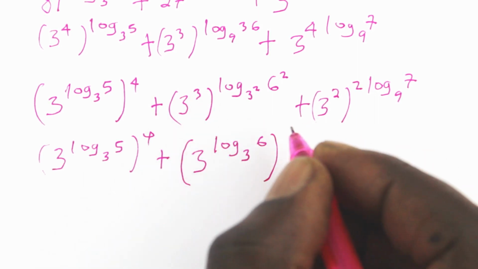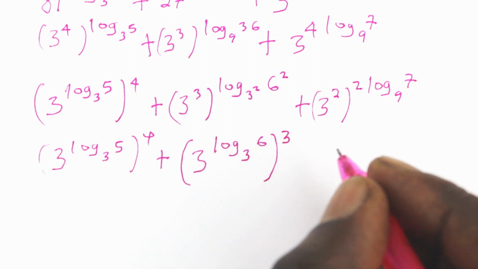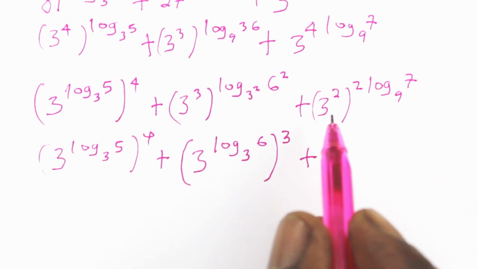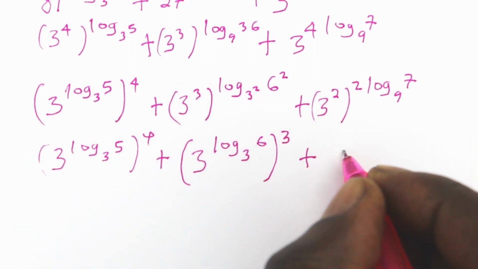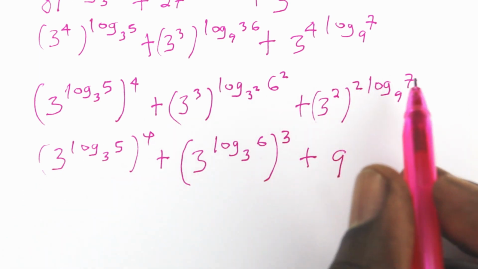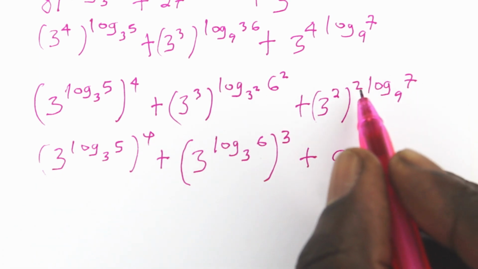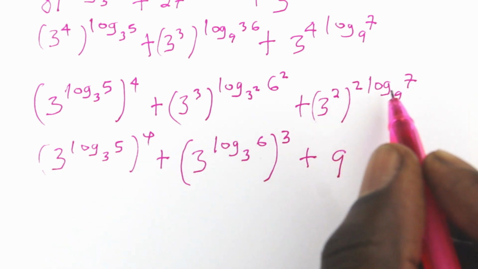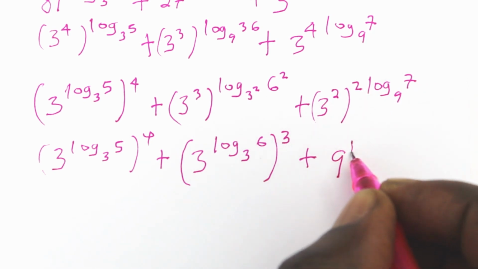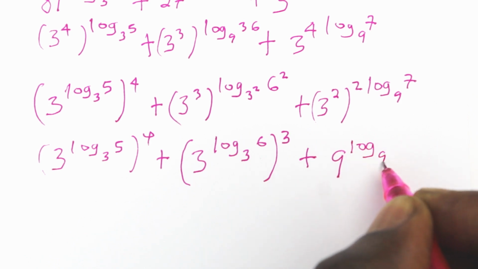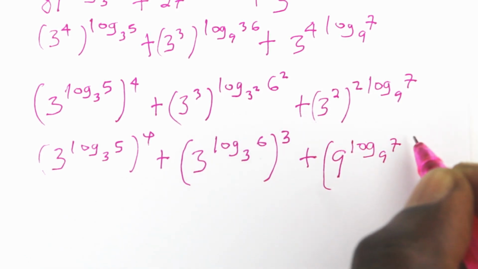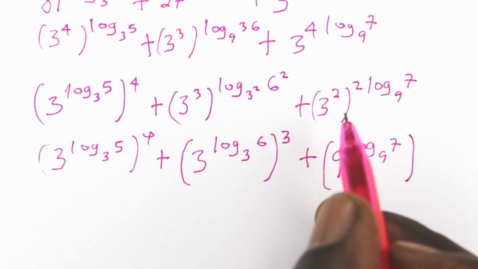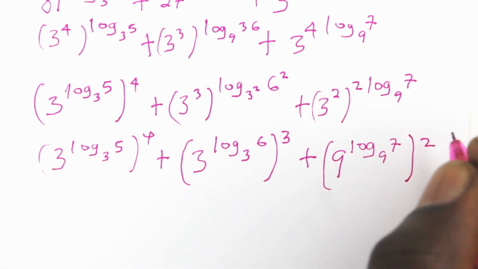And then there's this 3, which you can raise that to. Plus, here we have 3 squared, which can be written as 9. And it is raised to power 2 times log to base 9 of this. So you can switch. You can write the log first. That is log to base 9 of 7. And then we raise that to the inner power, that is 2.